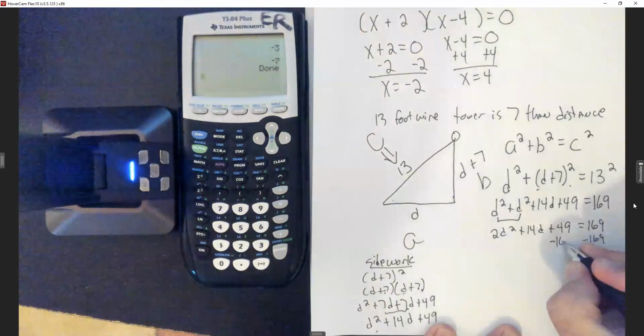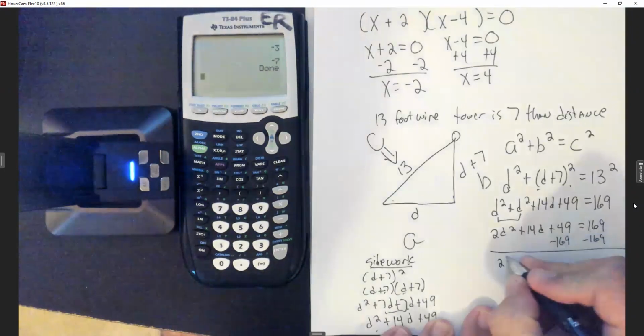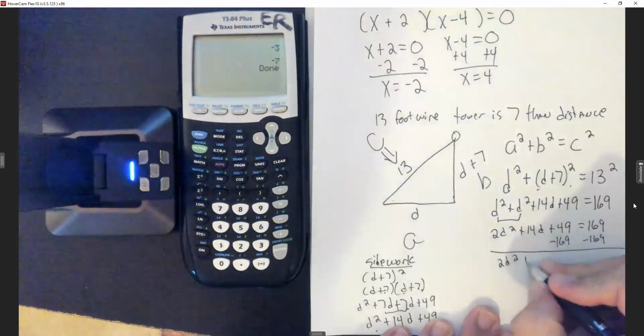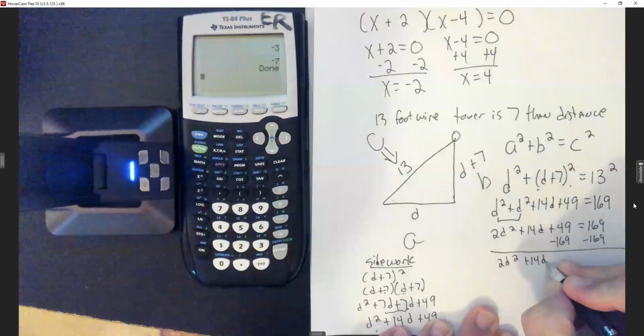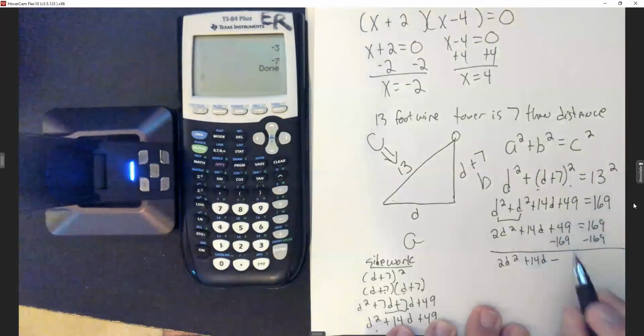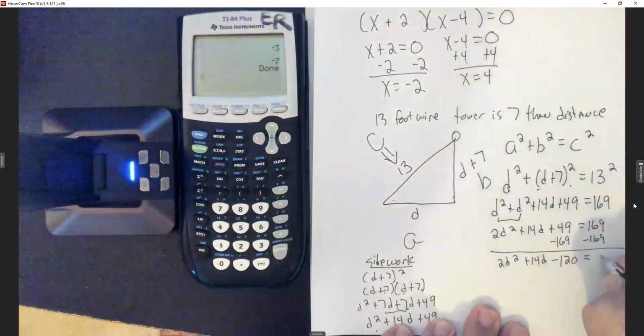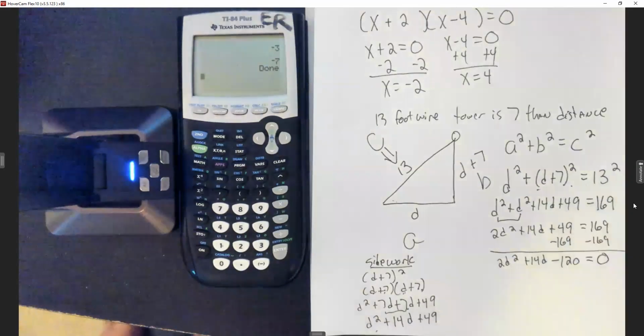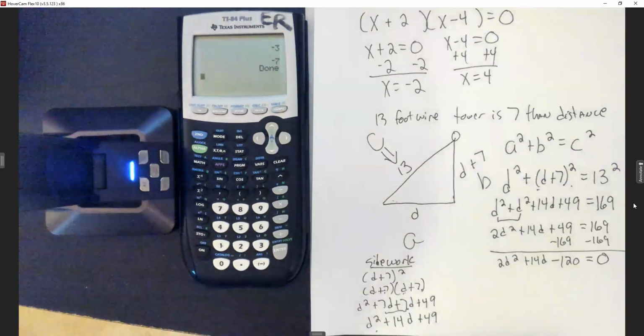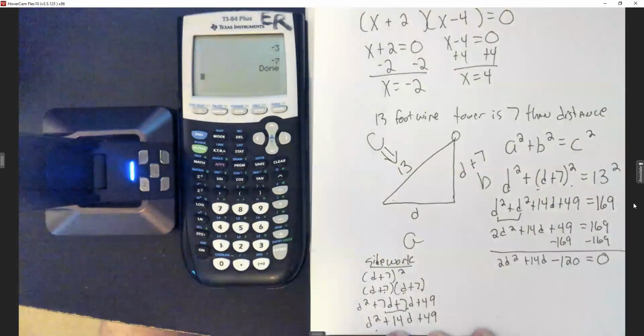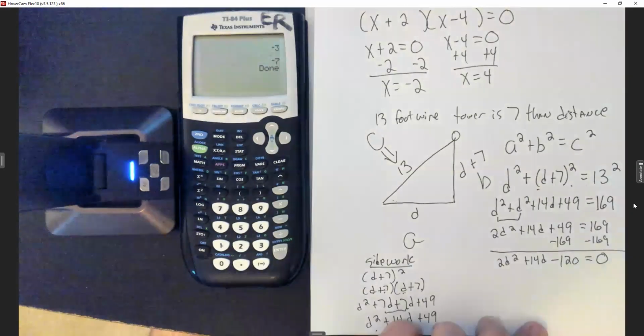So y'all, I get 2D squared plus 14D minus, let's see, that's going to be 120. All that's equal to 0. At this point, you could factor that or hit it with the quadratic formula. I'll solve it by factoring real quick.